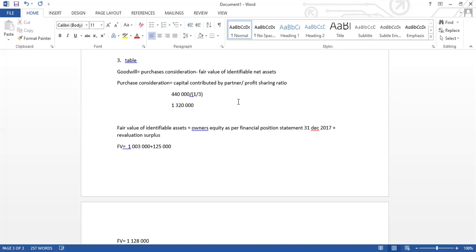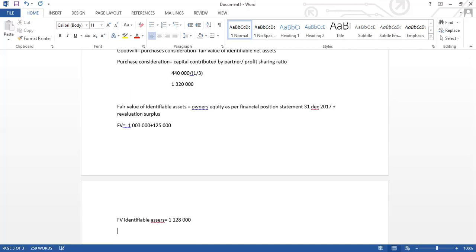So that will be our fair value of identifiable assets. Now that we have our fair value of identifiable assets, and we also have our purchase consideration, then we can easily calculate goodwill. You understand?